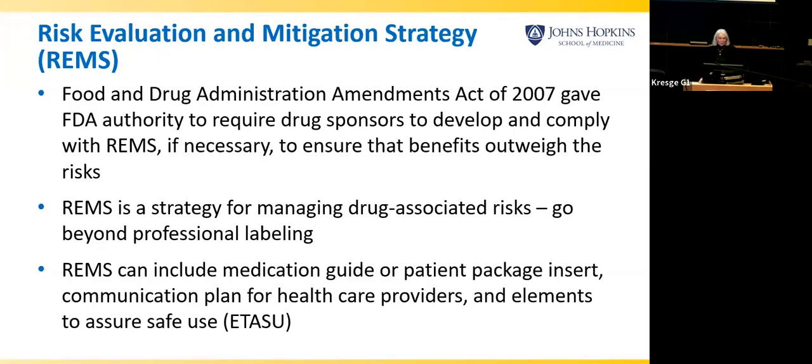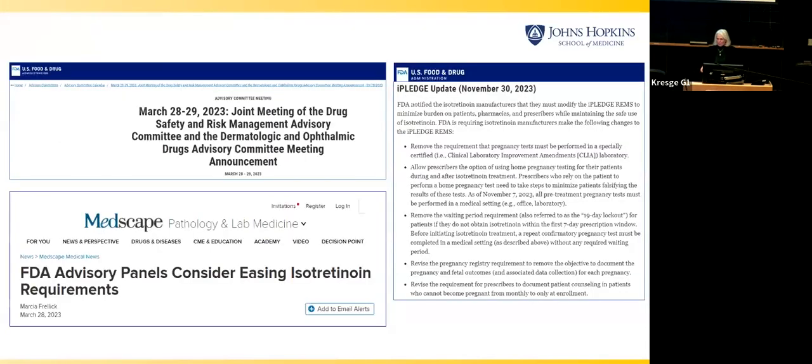It's a strategy for managing drug-associated risks, going beyond professional labeling. And as you heard from Sonja earlier, the other Sonja, they can include medication guides, patient package inserts, communication plans, and then elements to assure safe use, such as pregnancy tests. I was honored to participate in an FDA meeting earlier this year to talk about how to update iPledge.